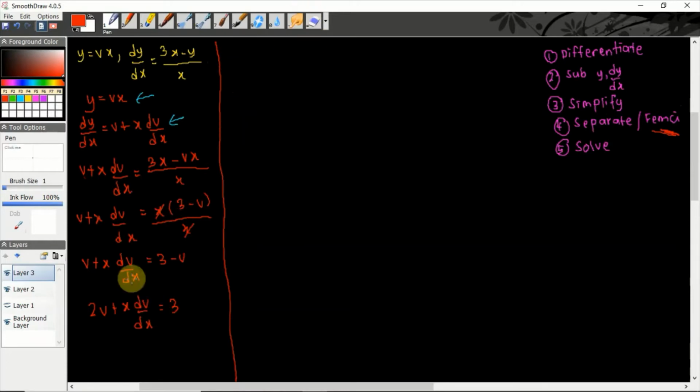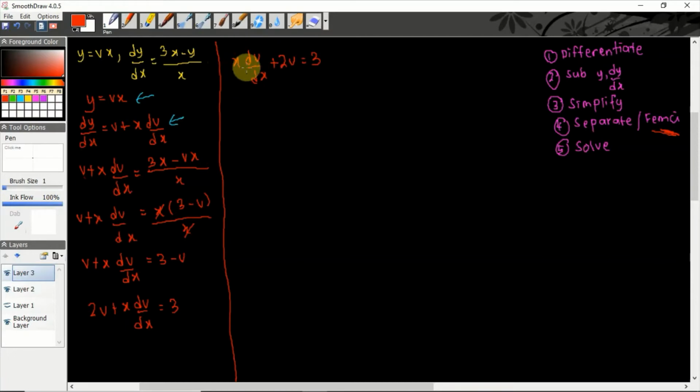So for FEMC, usually we want to write it in this form. The dv/dx will be the first term, plus 2v equals 3. Before this, our FEMC was dy/dx. Now it's dv/dx, just instead of y, it is now v. And the first step in FEMC is F. F means free dv/dx.